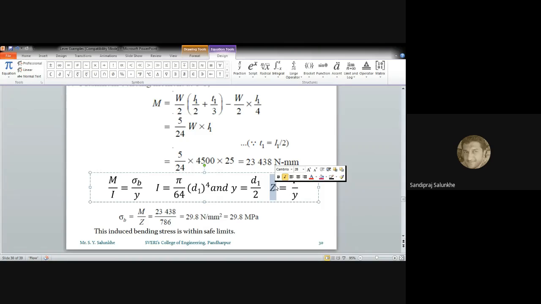Rupesh Dehre. Nana Shinde, you can text a message. What is the value of Z? Section modulus.